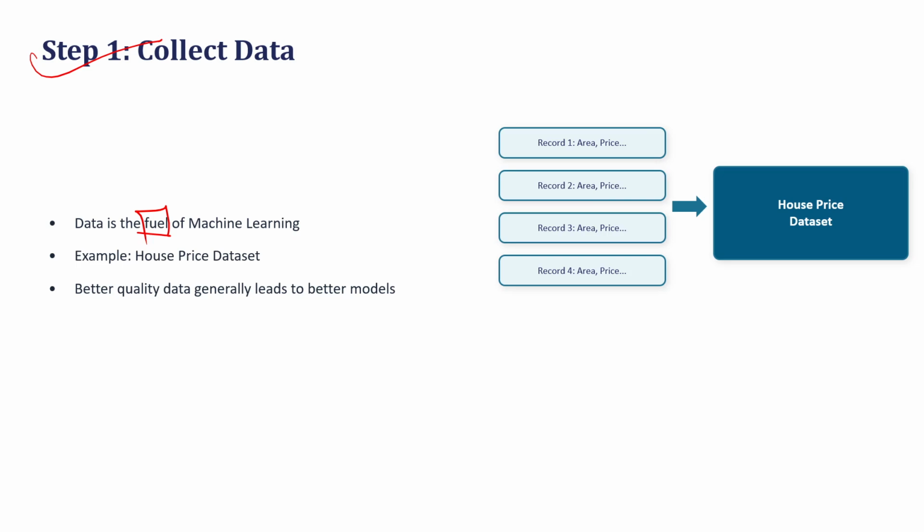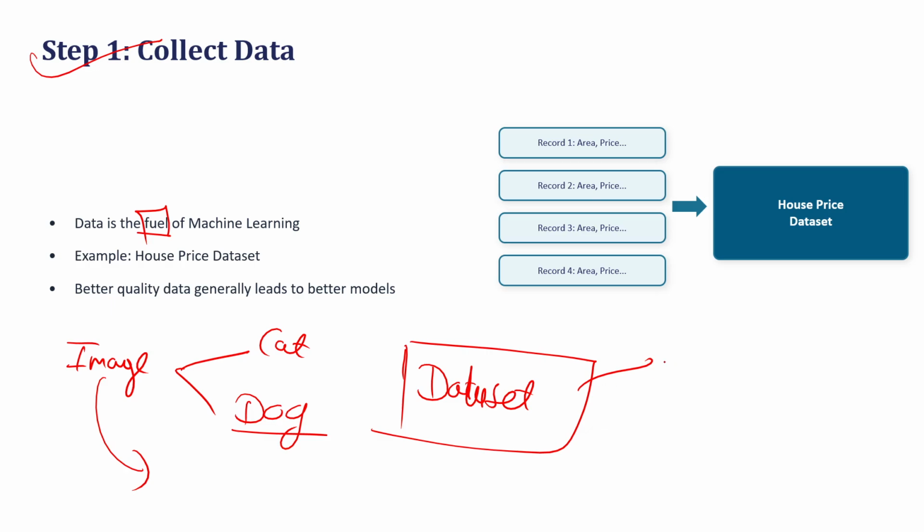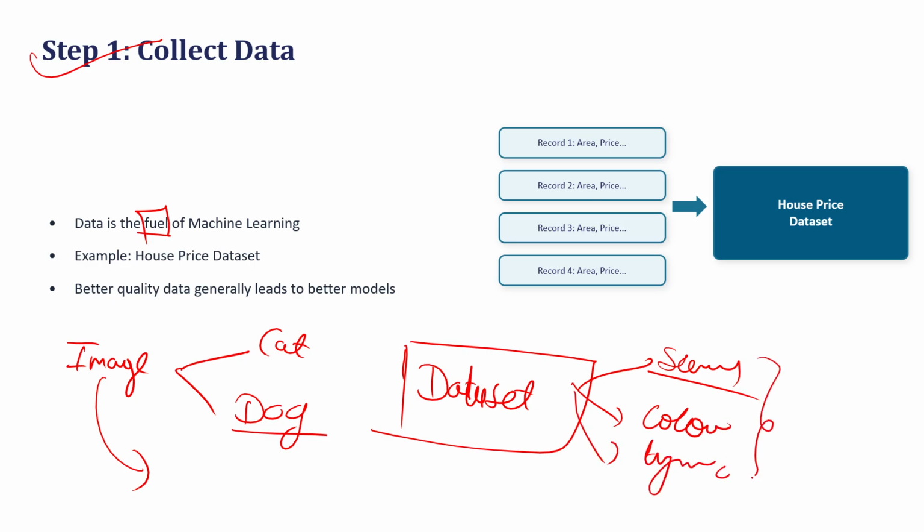For example, if you are trying to predict whether an image is a cat or a dog, how much coverage does your image data set have: different scenarios, different scenes, different colors, different types of cat, so that it can predict on unseen data, which can be anything. The more coverage your data set has, the better the model can learn.